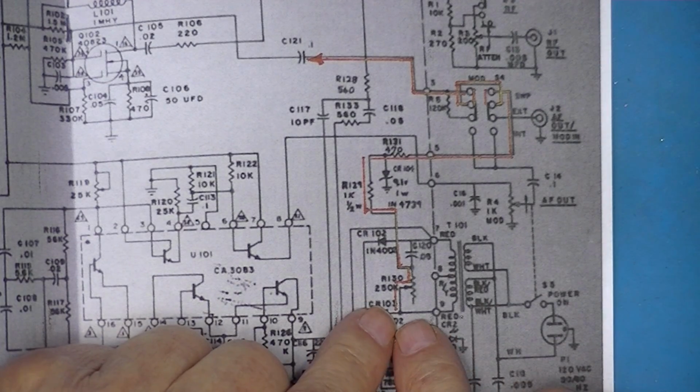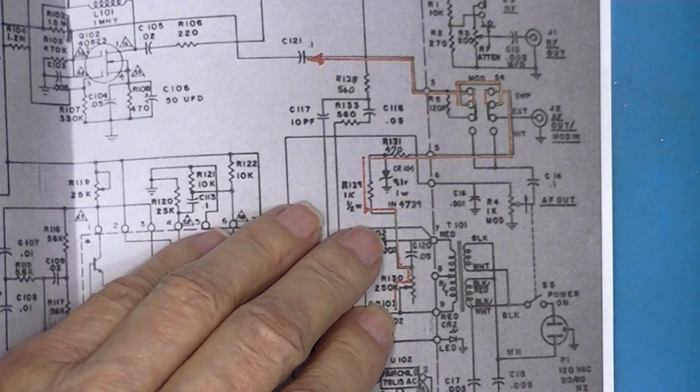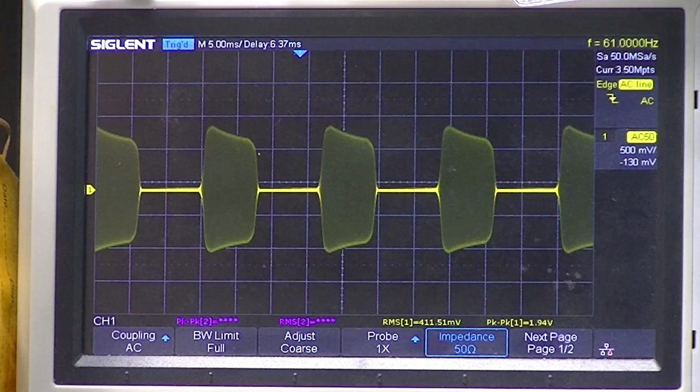Now the fact that this is taken from the 60 hertz line voltage sample means two things: 60 of these pulses a second, and it's referenced to the power line.